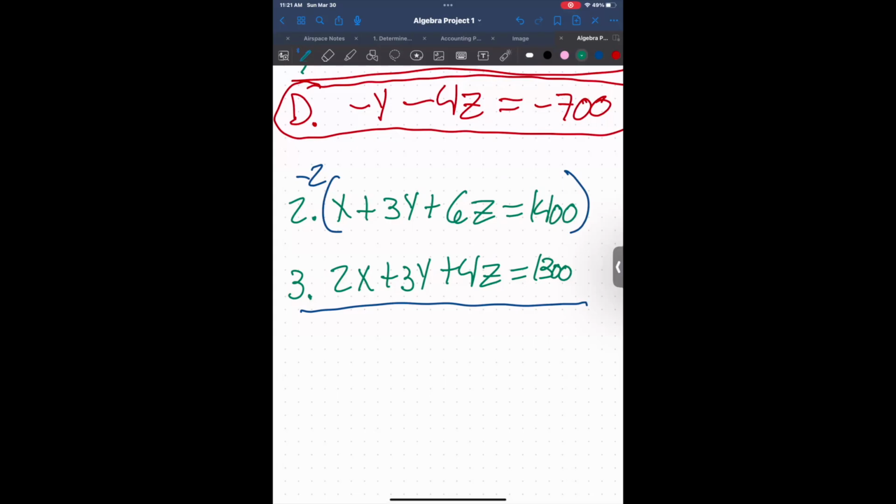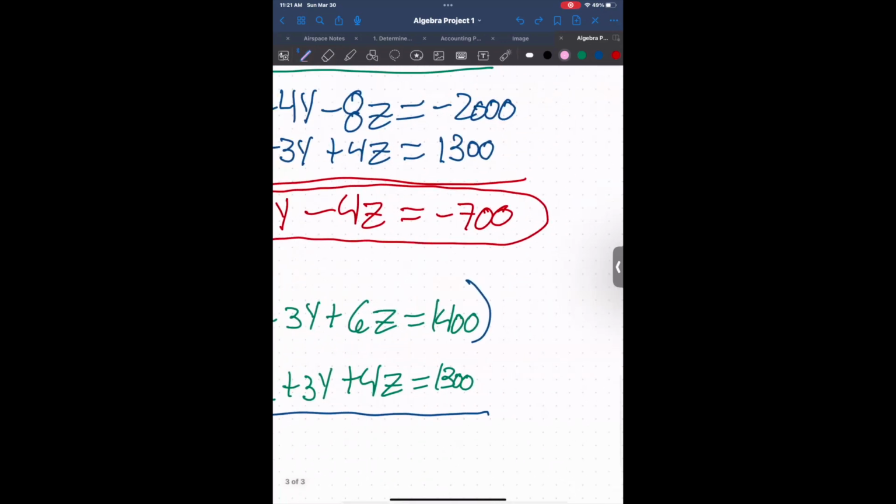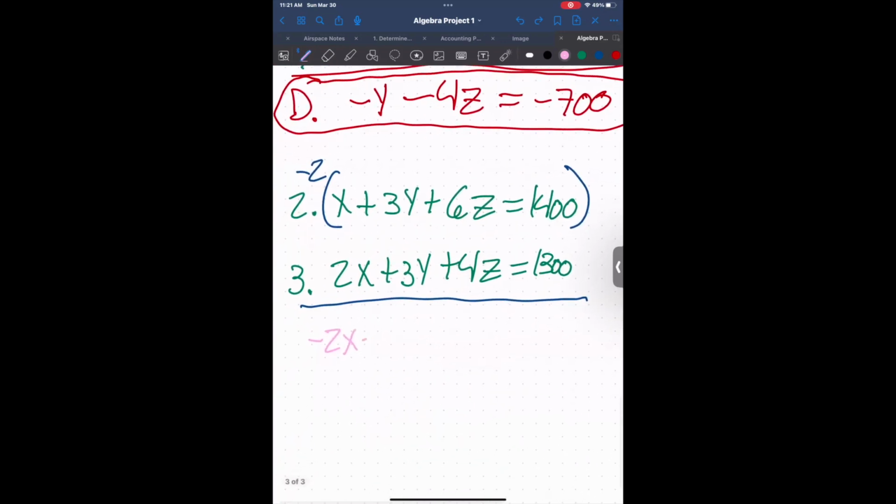I know it's a lot of different colors here, but just stick with me, it helps my brain. -2x minus 6y minus 12z equals -2,800.